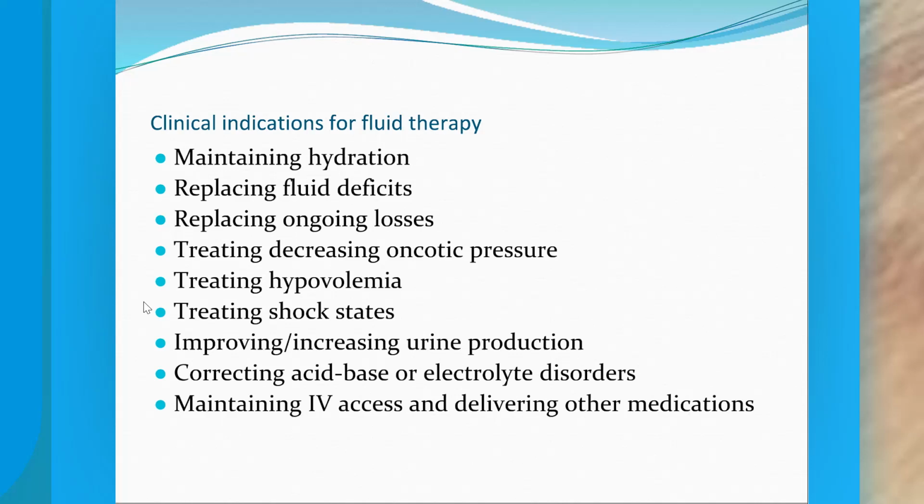And then improving and increasing urine production. So knowing what normal urine production means, and then also how to measure it. So if we have a patient on IV fluids, especially, we need to be measuring urine production at all times. So as a veterinary technician, we need to know how to measure it. And there are many different ways.